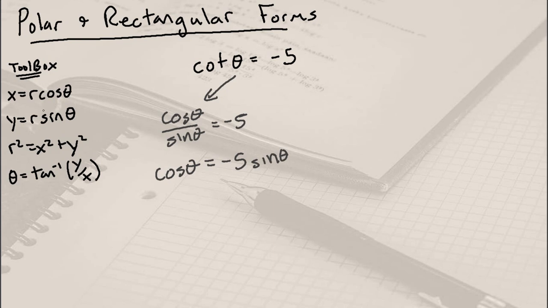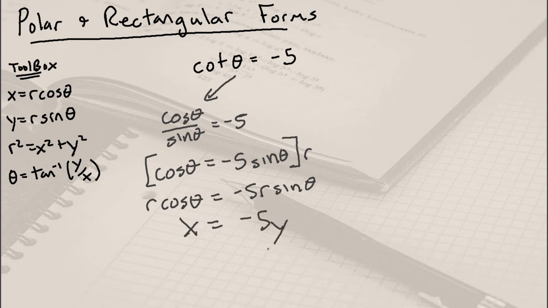But that's not like any of these. But if I multiplied both sides by an r, well, now I have x equals -5y, and I could solve this by dividing by -5. So y equals -1/5 x.